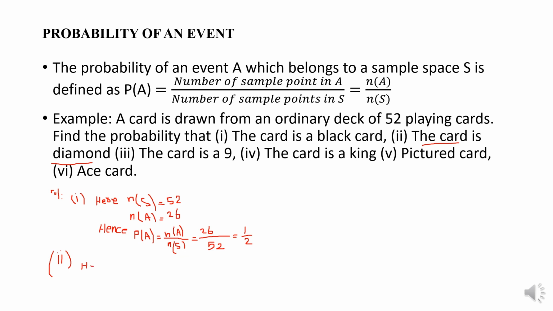In the second part, the number of sample points is 52, as we already know, but the number of B cards, or the number of diamond cards, is 13.